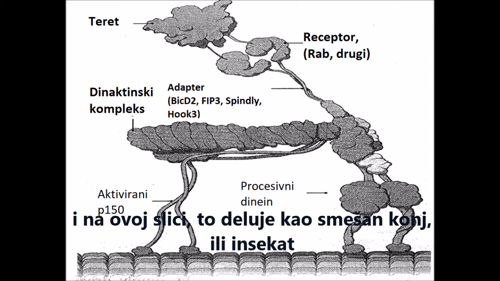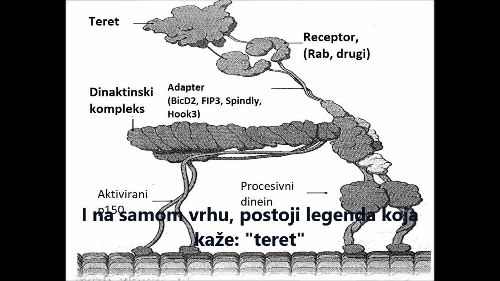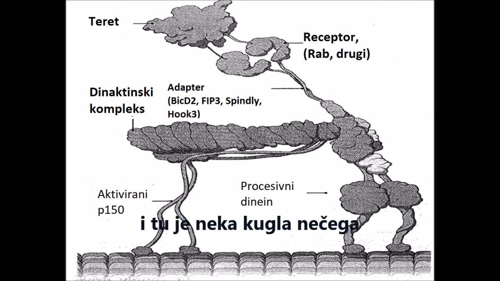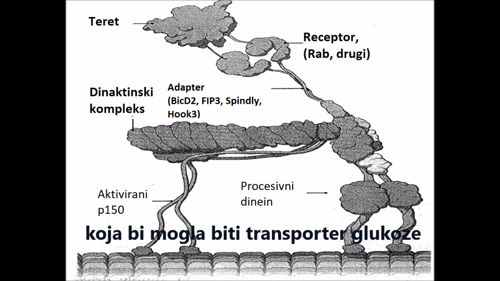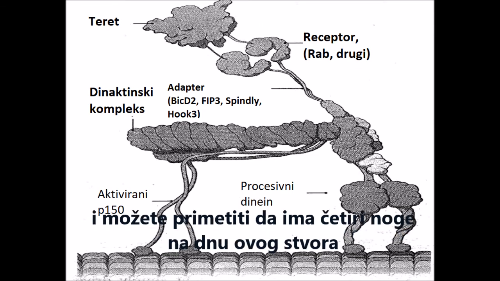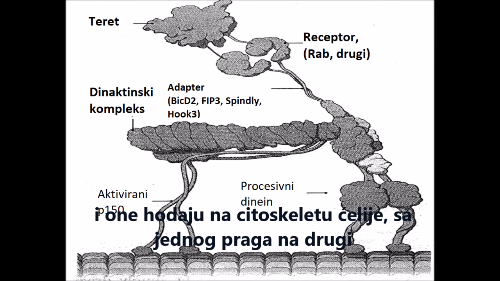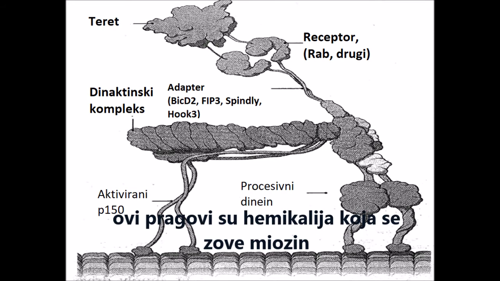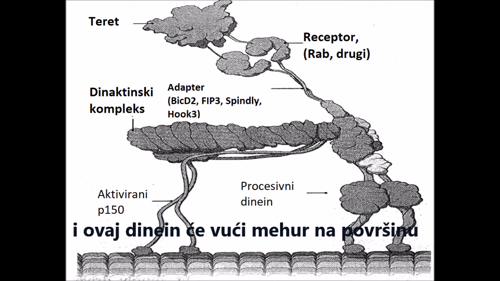In this picture, it looks like a funny-looking horse or bug, and at the very top there's a legend that says cargo, and there's a glob of something which could be a glucose transporter, and you may notice that there are 4 legs at the bottom of this creature, and they're walking on the cytoskeleton of the cell from one bump to another. Those bumps are a chemical called myosin, and this dynein is going to drag the bubble to the surface.